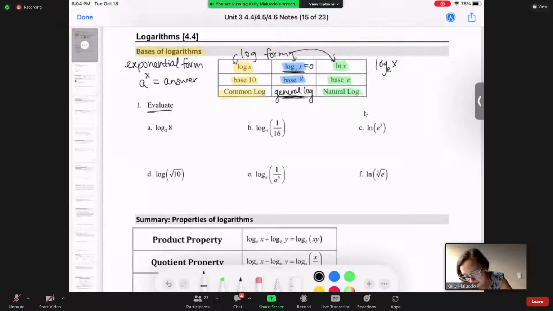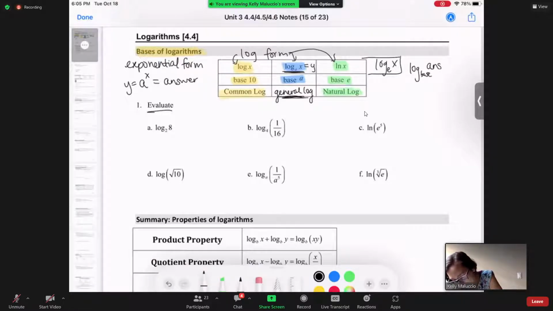If I said this equals Y, then I would be saying Y equals A to the X. That's how we rewrite it in exponential form. And maybe a better way for me to say this is log base goes here.